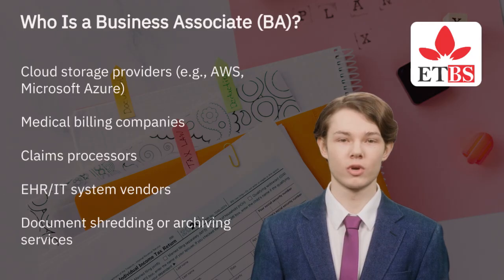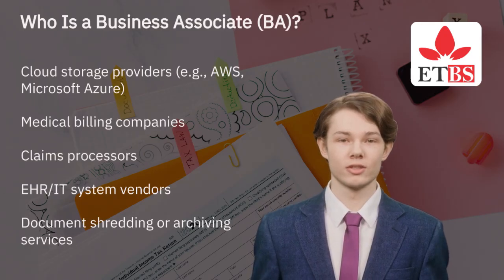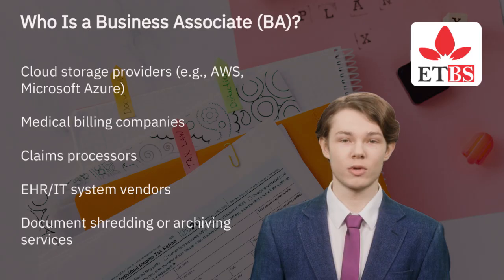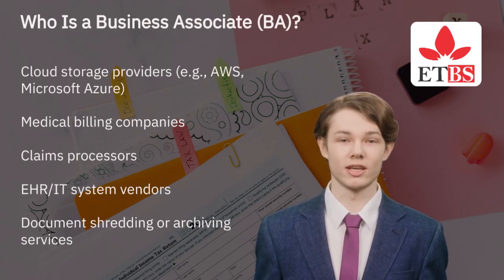Module Content. 1. Who is a business associate, BA? A business associate, BA, is any person or organization not part of a covered entity's workforce that creates, receives, maintains, or transmits PHI on behalf of a covered entity or provides services involving PHI.